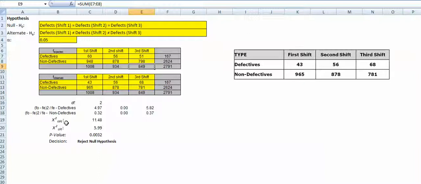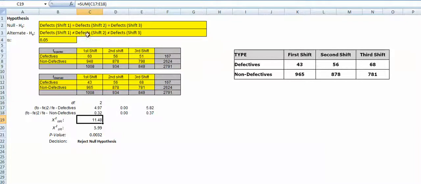And then, like all of these tests, of course, we are calculating a test statistic. In this case, it's the chi-square 11.48. We've got a critical value based on 2 degrees of freedom and 95% confidence level of 5.99, and an equivalent p-value of 0.0032. Now you can see that the p is considerably lower than the alpha, and when the p is low, the H0 must go, so we reject the null hypothesis.